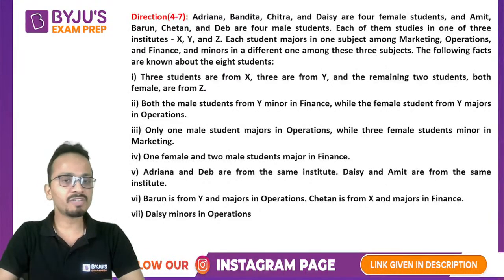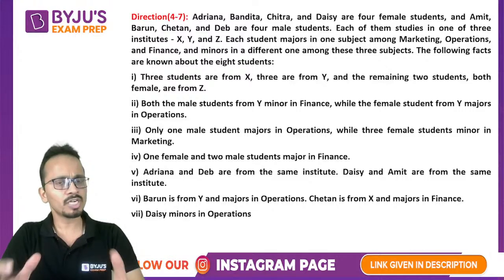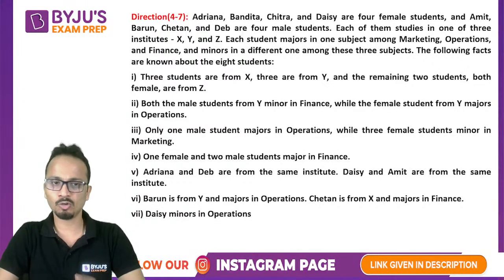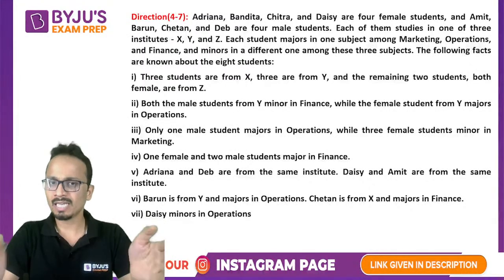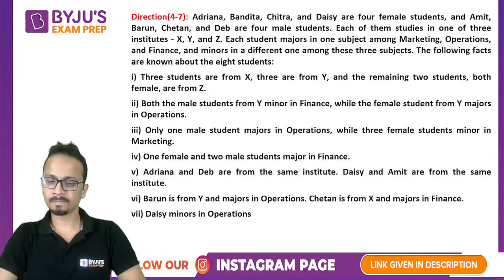On the very first day of solving such type of questions, you cannot solve them in 10 minutes. If you're taking 15 or 20 minutes, it's absolutely fine. What is important is that you should be able to solve them. So focus on accuracy more rather than speed at the beginning of your preparation. Speed will gradually increase.